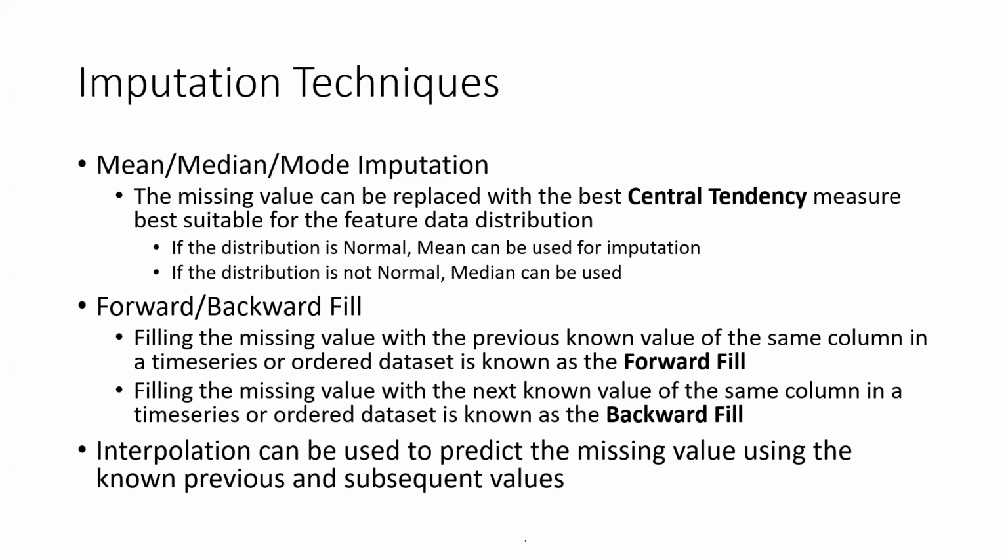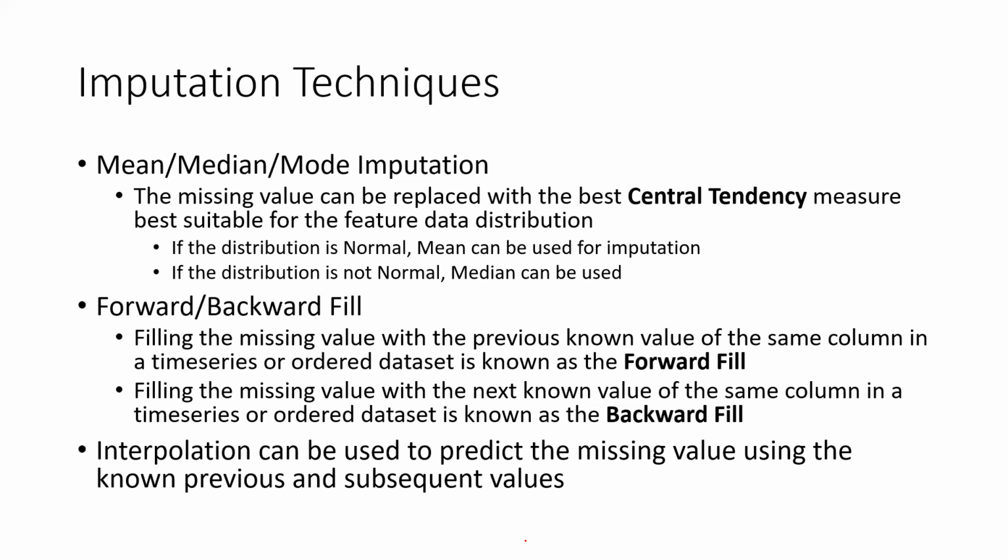If you have the measurements of rainfall throughout the year, and on some days they couldn't collect the rainfall, what you can do is fill the missing values from the previous day's rainfall, right? Or you can use the next day's. Filling from the previous value is known as forward fill, right? And you can fill the missing value from the next day's rainfall, and that is known as backward fill, right?